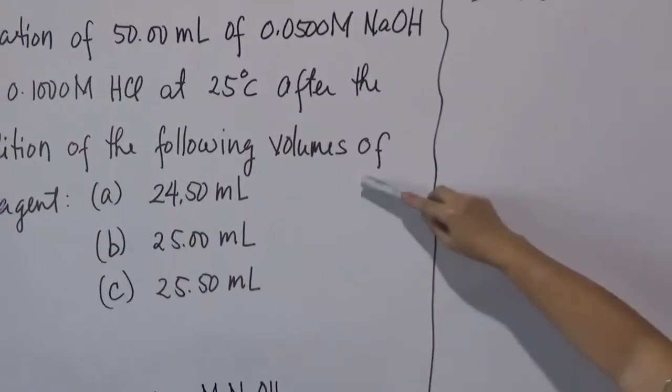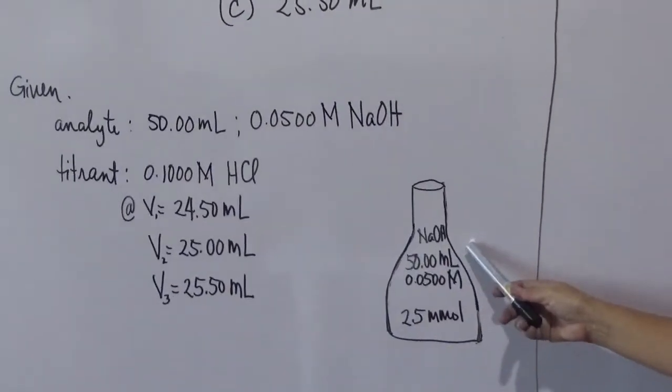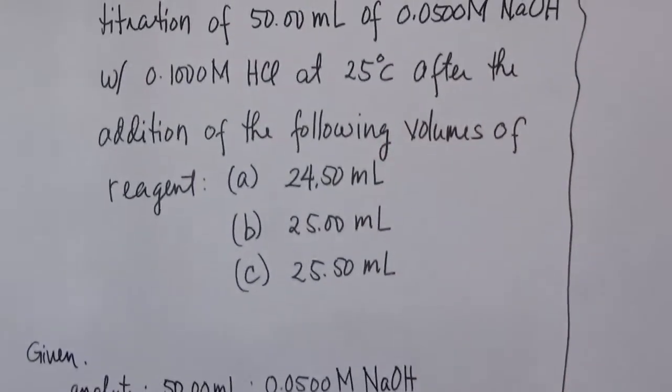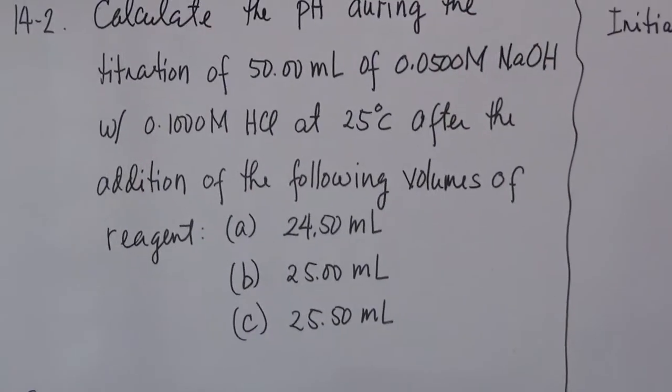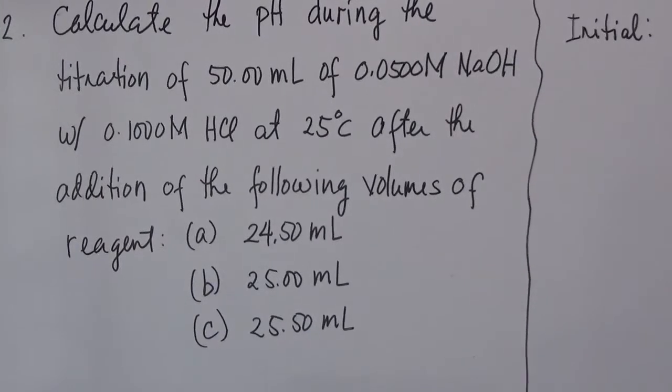So in this example, we have sodium hydroxide, which is a strong base, that is titrated with hydrochloric acid, which is also a strong acid. So theoretically, we know already that the pH at equivalence point is 7.